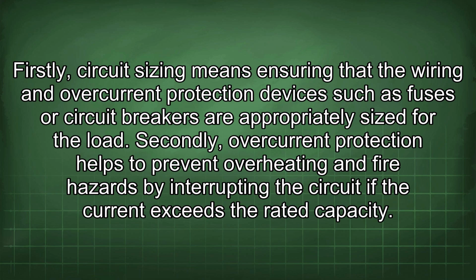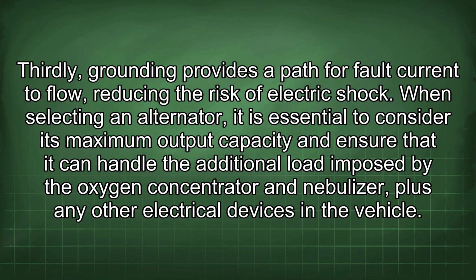Firstly, circuit sizing means ensuring that the wiring and overcurrent protection devices such as fuses or circuit breakers are appropriately sized for the load. Secondly, overcurrent protection helps to prevent overheating and fire hazards by interrupting the circuit if the current exceeds the rated capacity. Thirdly, grounding provides a path for fault current to flow, reducing the risk of electric shock.